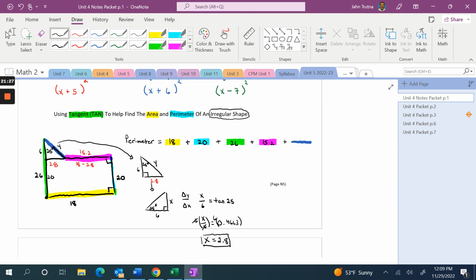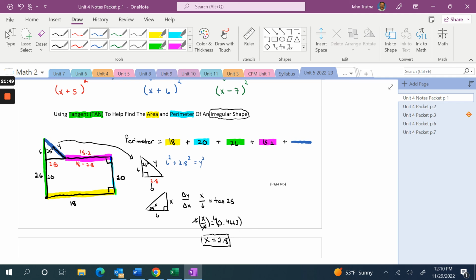And I'm going to go back over here to this triangle here, and I'm going to use Pythagorean theorem to find the blue part, and I'll do it in blue. So I'm going to go 6 squared plus 2.8 squared. That's going to be equal to y squared. I'm doing a squared plus b squared equals c squared.